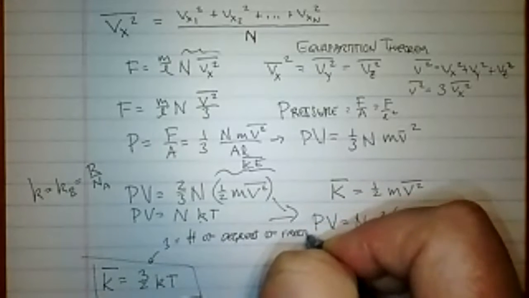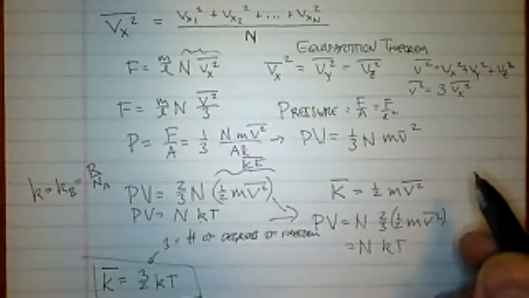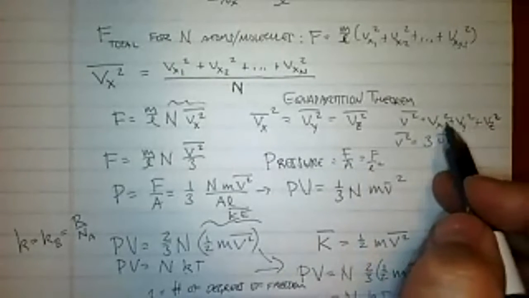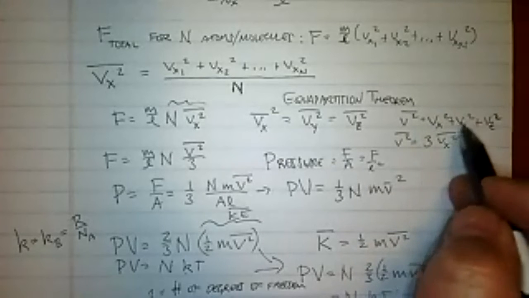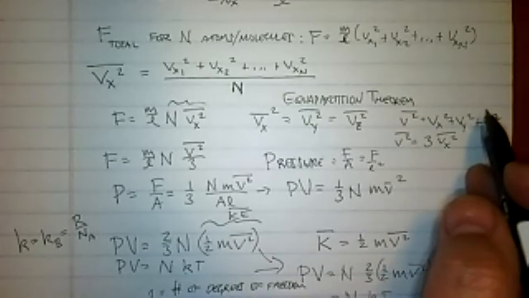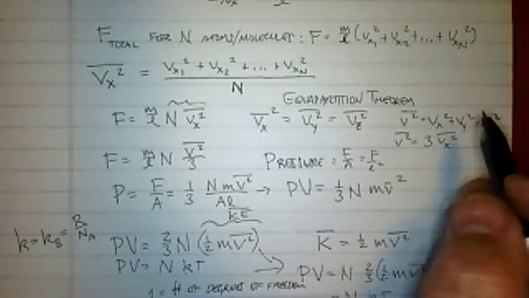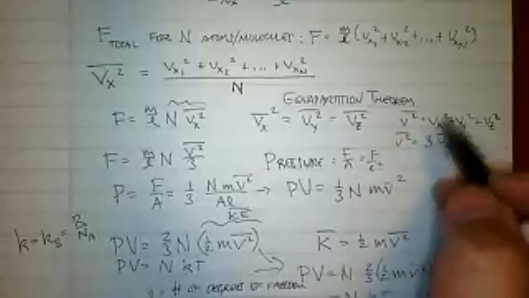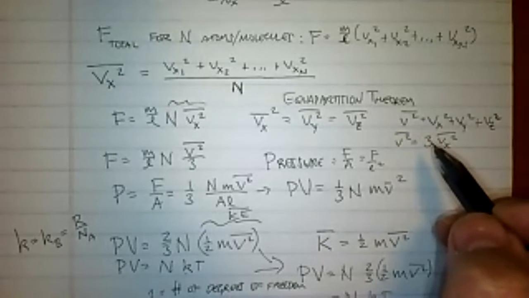If we do a similar calculation and take into account that not only can my atoms move left, right, in, out, and up, down, but as a molecule, they might also be able to spin about 3 different axes, that might get us 6 degrees of freedom.